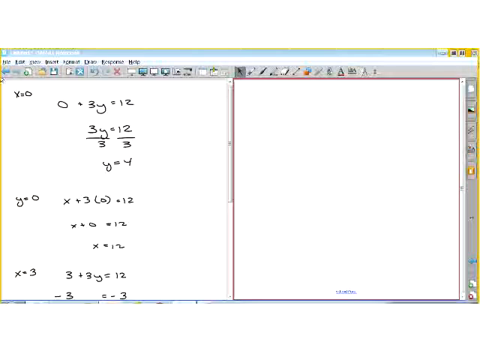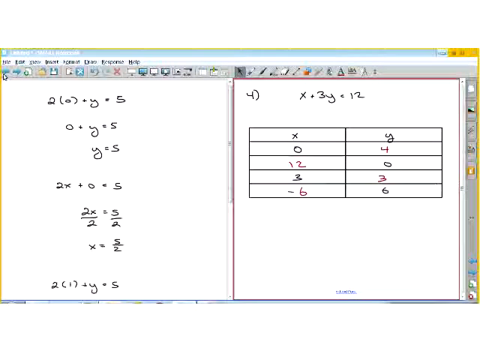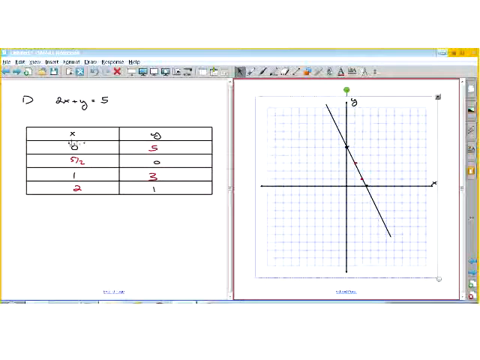And you can go back to these 2 examples here, and you can see this is the x-intercept, because that is the value of, actually this is the y-intercept. So it's this point right here. It's the point where the line intersects the y-axis. That's called the y-intercept.